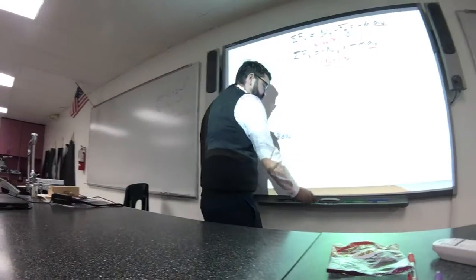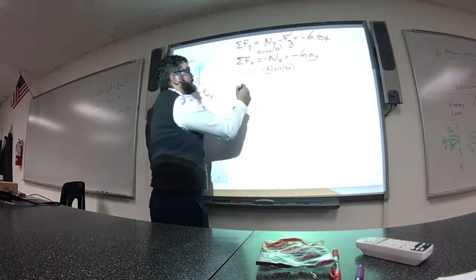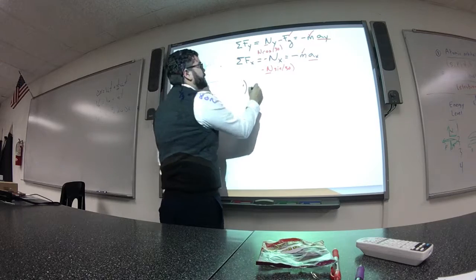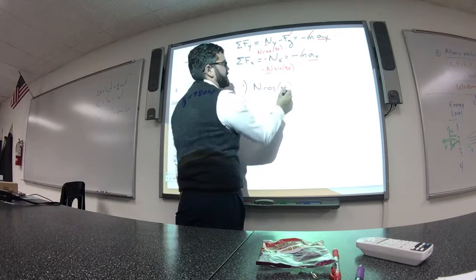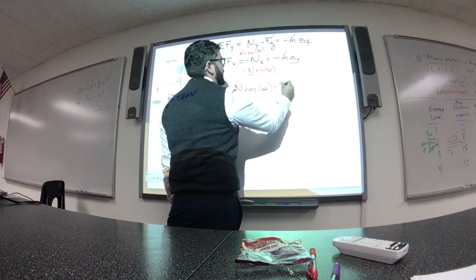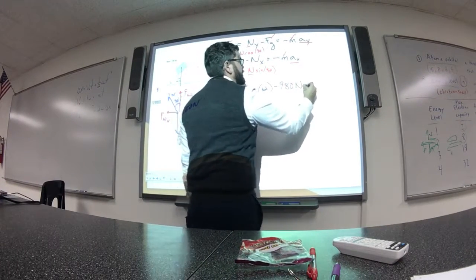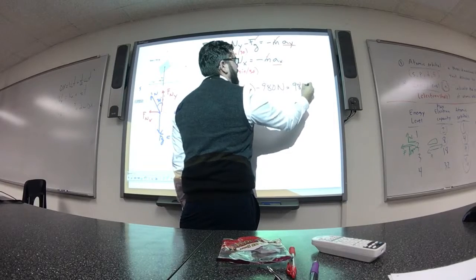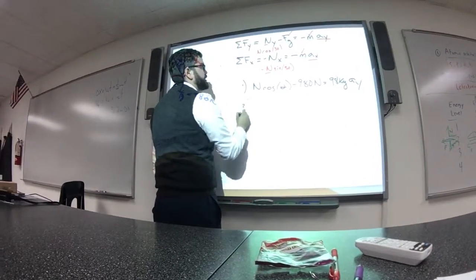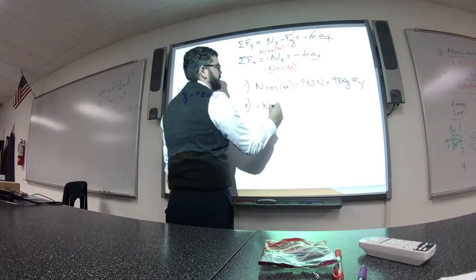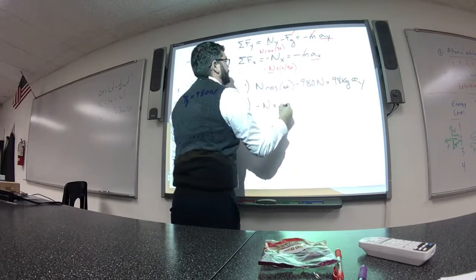Let me rewrite these equations really quickly to make them look a little bit nicer. So equation 1 would be n cosine theta minus 980 newtons equals 98 kilograms times ay. And equation 2 would be negative n sine theta equals 100 kilograms times ax. Wait, is it 100?